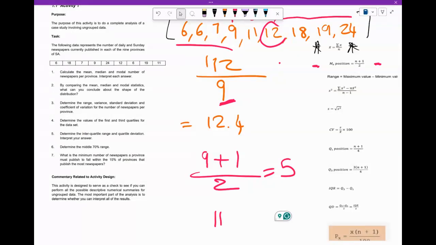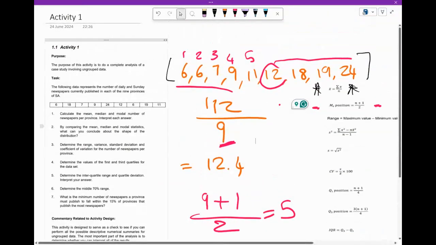Right. Okay, so we now have our median. The next thing they ask us to do is to then calculate what? The mode. Or the model. Model is what they called it here. So, how do we do that? How do we calculate that?